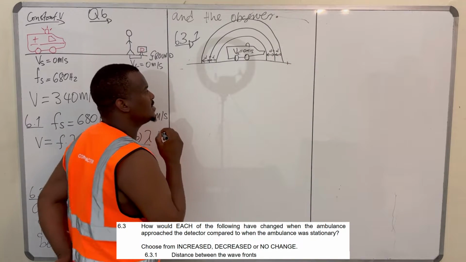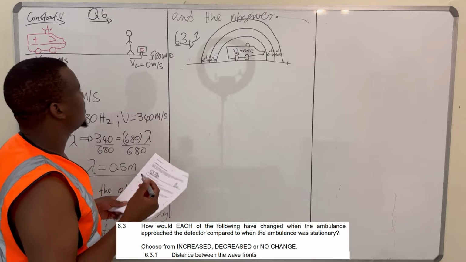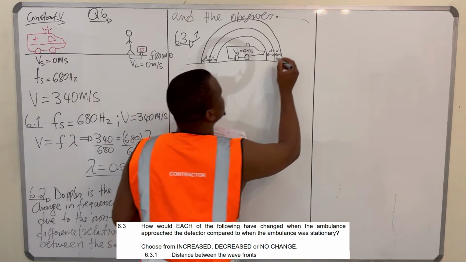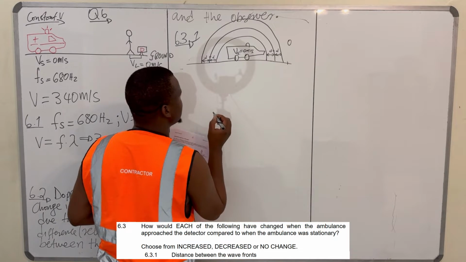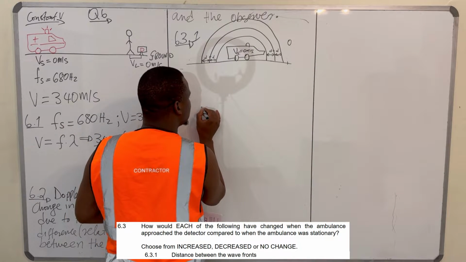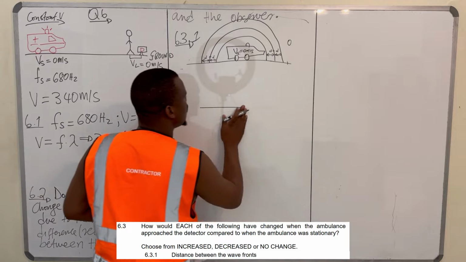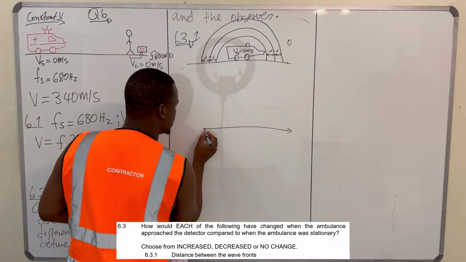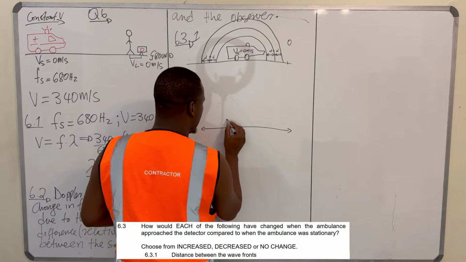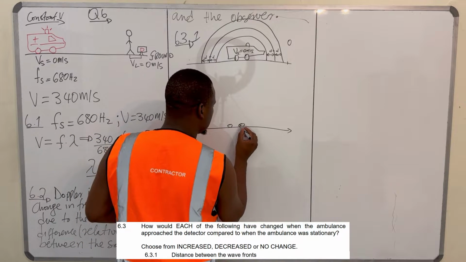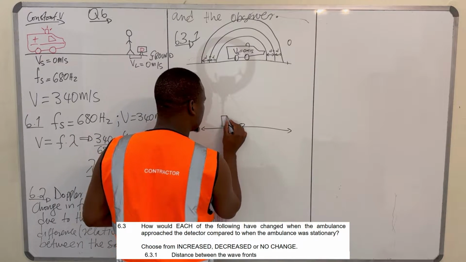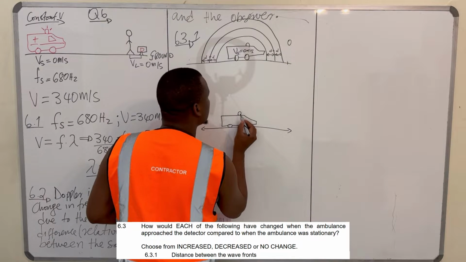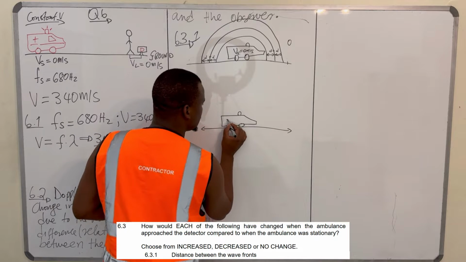It's equal, right? This was the first situation which we were given, the original situation. Then on the second situation, the ambulance now is moving. Here's our ambulance, it's moving to that side.